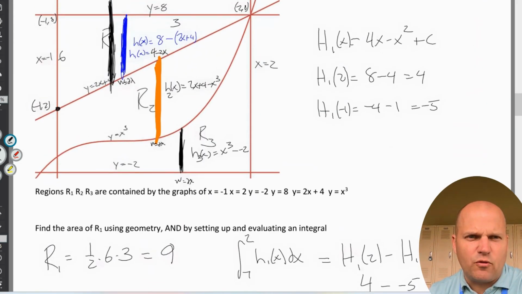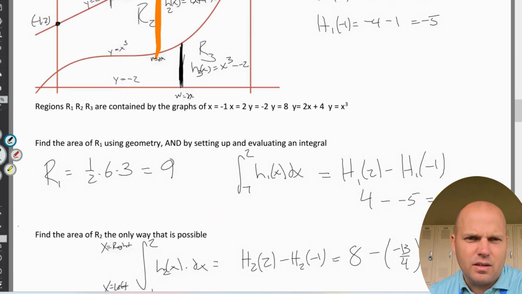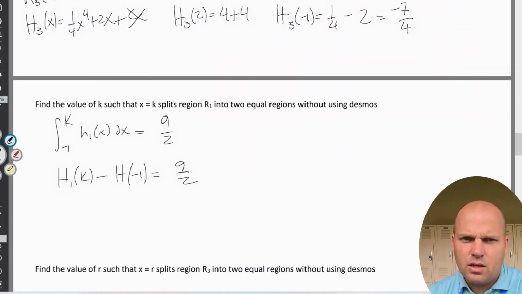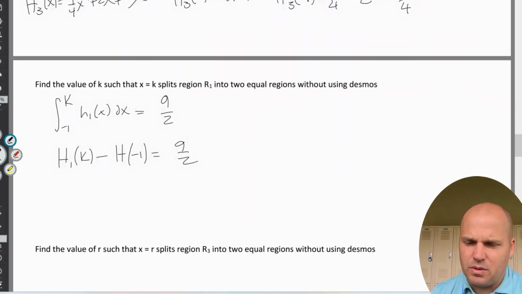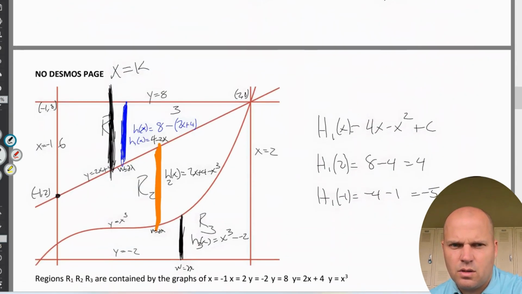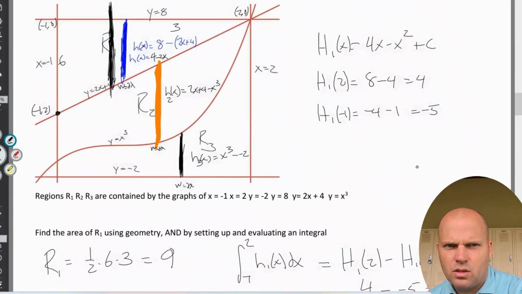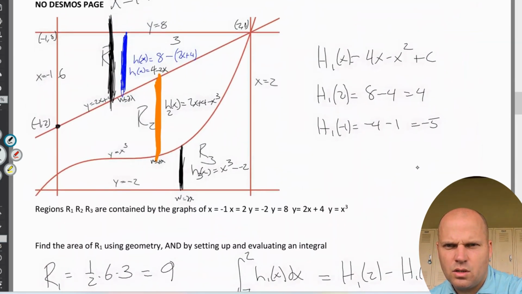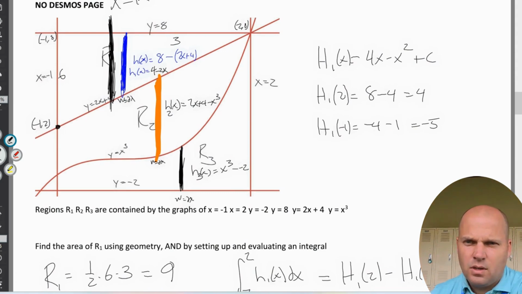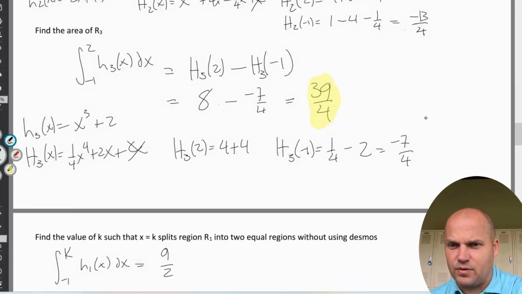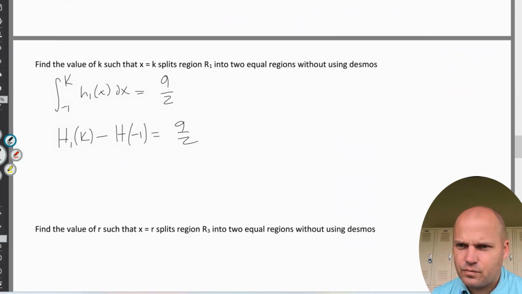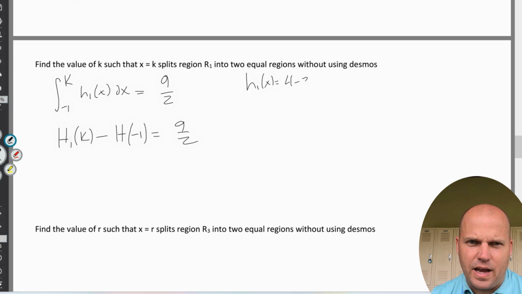Super H1 was 4x minus x squared. No, it wasn't. Oh, it was. 4 minus 2x. Oh, I got super H. Oh, yeah. 4x minus x squared. Yeah, I'm not going to solve this. That's fun. So H1 was equal to 4 minus 2x.